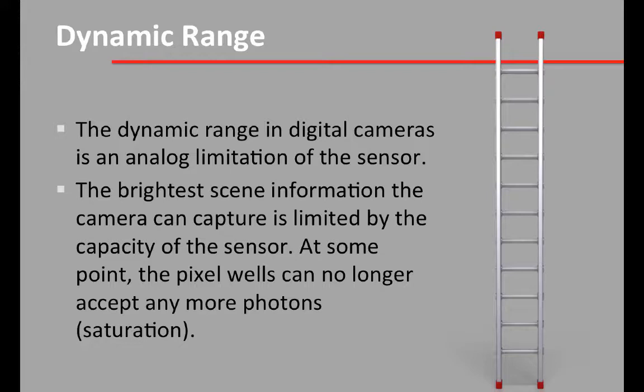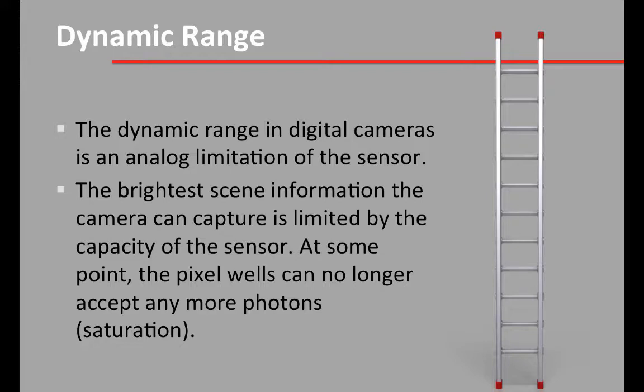That analog signal then goes through an analog to digital conversion, an AD conversion, and that analog signal or current is converted into a digital signal, which is made up of zeros and ones, that binary code, as you know. So the capture device originally, though, is analog.